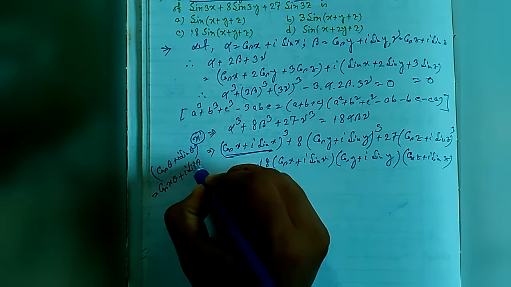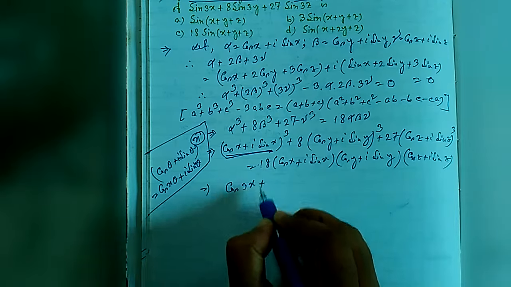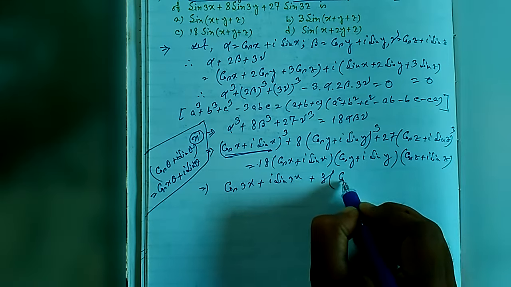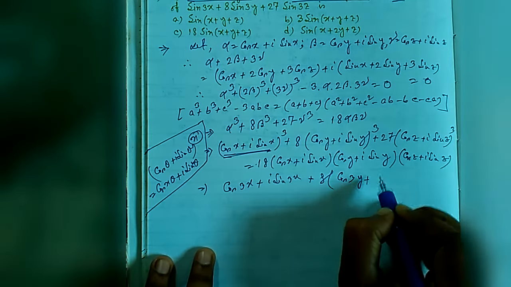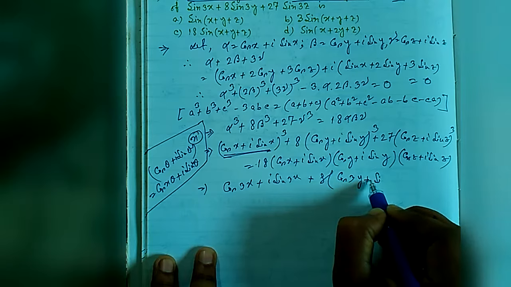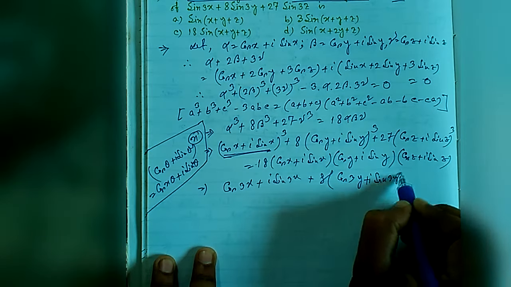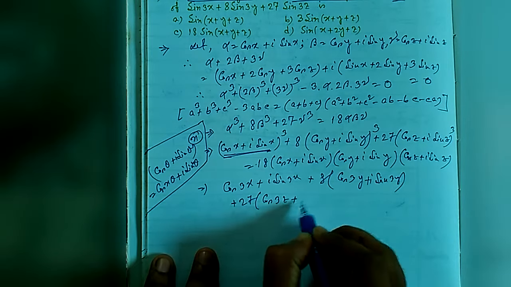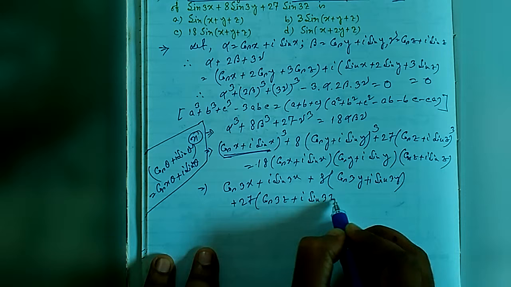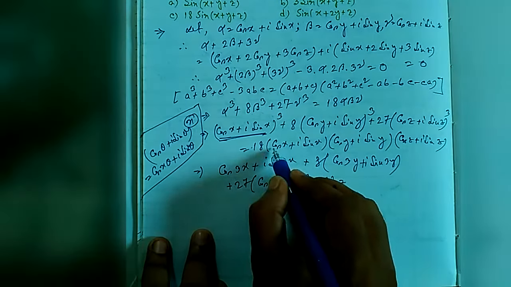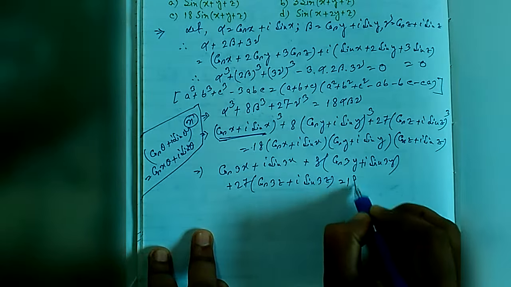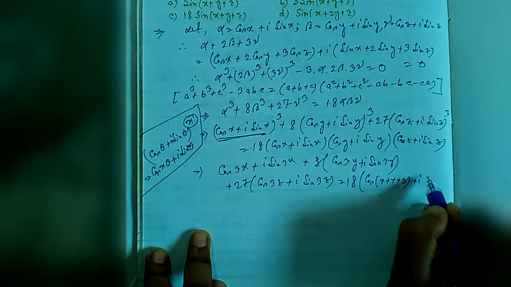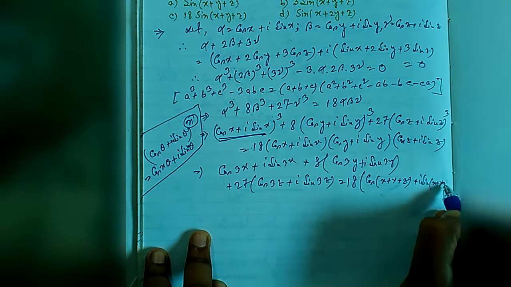So here this will be cos 3x plus i sin 3x plus 8 times cos 3y plus i sin 3y plus 27 times cos 3z plus i sin 3z. Again we have a result for the product: 18 times cos of x plus y plus z plus i sin of x plus y plus z.